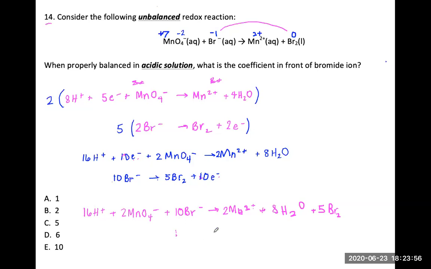And then on the right, we can see that we have 2 plus 2's, so that's also going to be 4. So the fact that they match is a really good checkpoint. And so then they're asking us what the coefficient is in front of the bromide ion, and we can see that that's just 10. So boom, E.